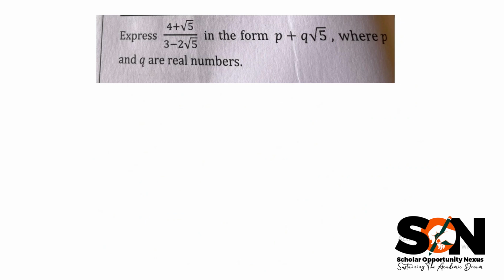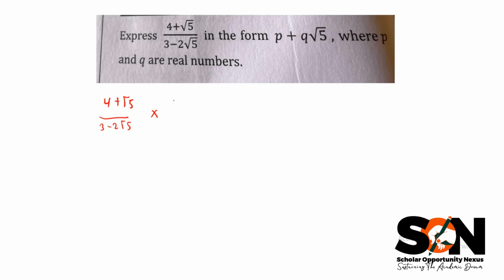They say you should express that in the form p plus q square root of 5. So we have 4 plus square root of 5 over 3 minus 2 square root of 5. Now to do this, we need to rationalize. So we multiply the numerator and the denominator by the conjugate of the denominator.